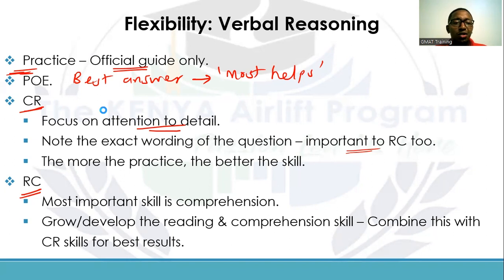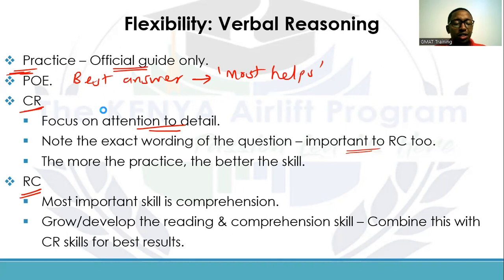So as long as you are practicing in a nice way, that is, if you get a question wrong, you make sure you do not move from that question before understanding why the other four answer choices were wrong. So that develops your skill of noticing wrong answer options. Hence, of course, it improves your speed, improves your process of elimination.